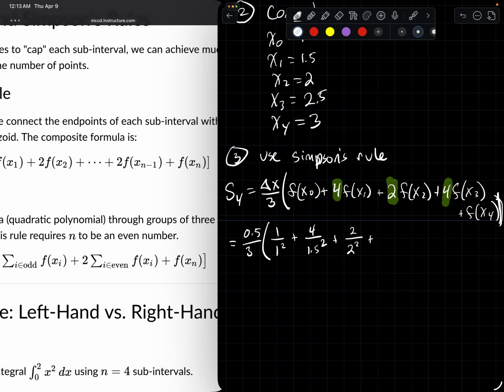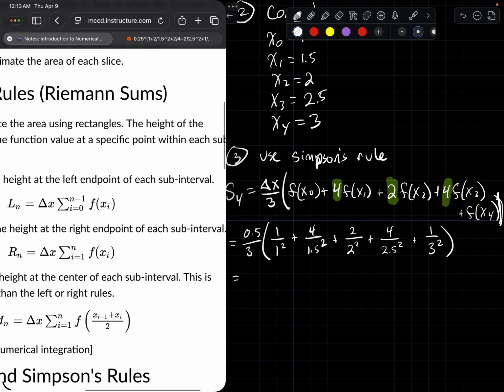And then 4 f of x3, so that's 4 over 2.5 squared. And then finally, f of x4, which has a coefficient of 1, so 1 over 3 squared. So what is that? Well, you've got to work that out.